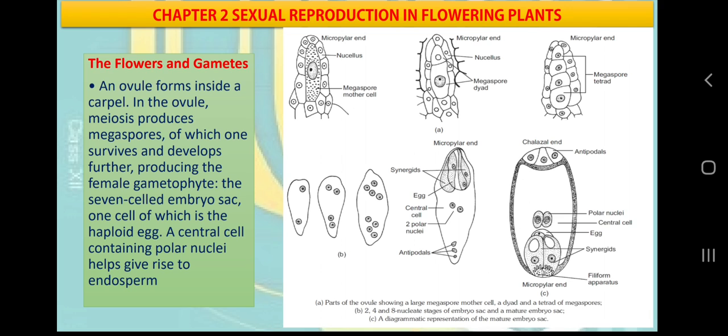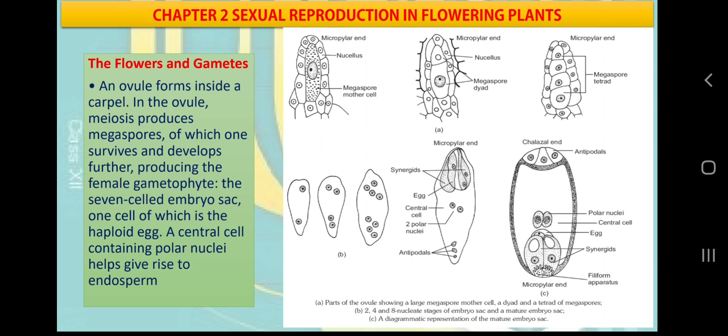Where can we find both of these structures? We can find pollen grain in the chambers of the anther, and the anther is a part of the stamen, which is the male reproductive part of the flower. We can find the embryo sac in the ovule, in the ovary of the carpel, and the carpel is the female reproductive part of a flower. You know this very well from your class 7th, 9th and 10th curriculum, and you are familiar with the structure of a flower from several other discussions also.